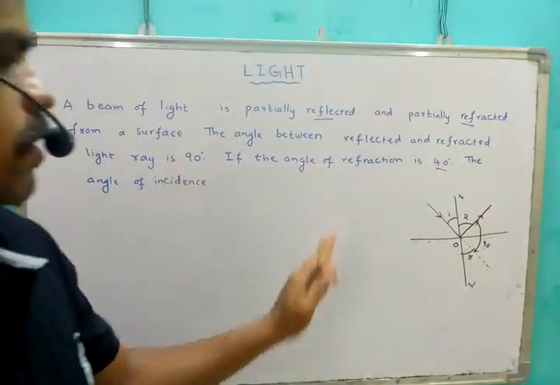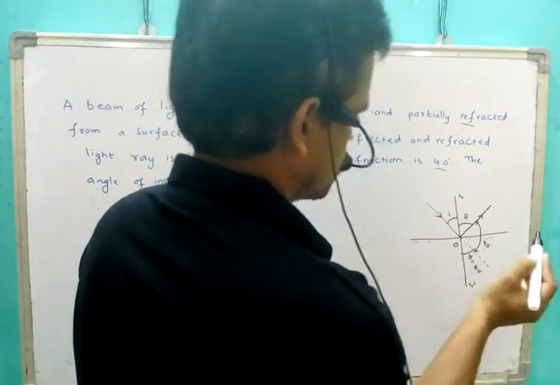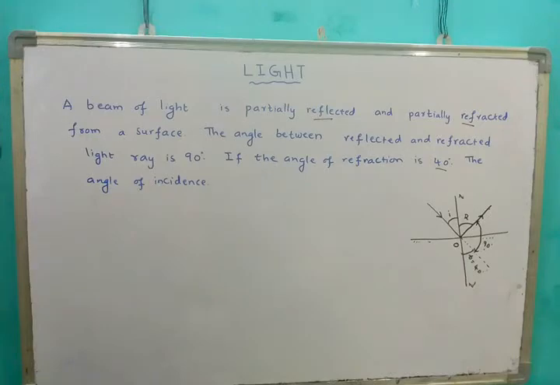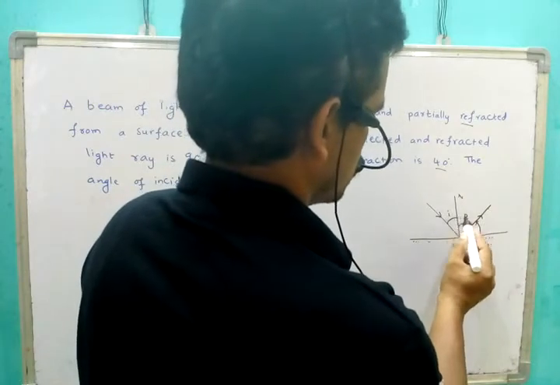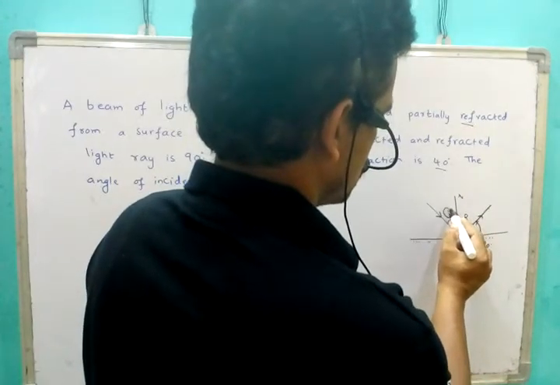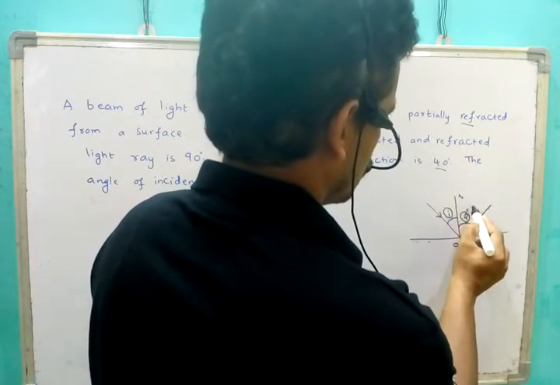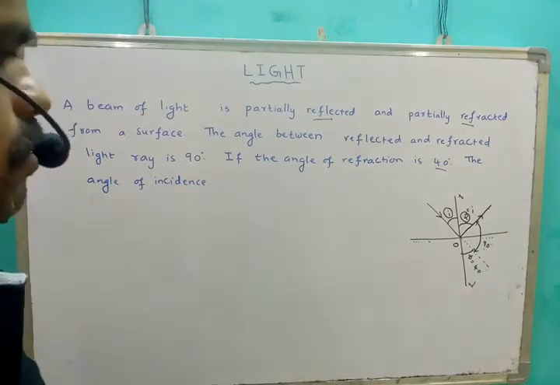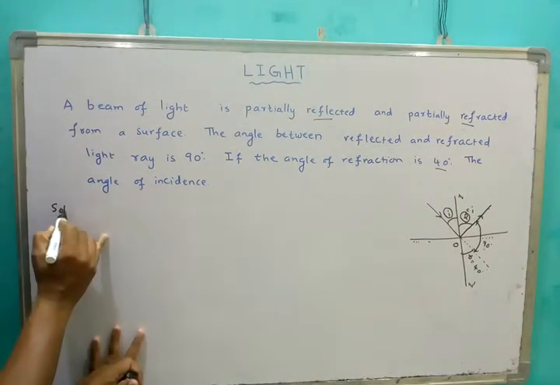The angle of refraction is 40 degrees, so what will the angle of incidence be? Take the incidence angle is equal to the reflected angle, that is equal to I. This is a property of reflection. So we have this for the solution.